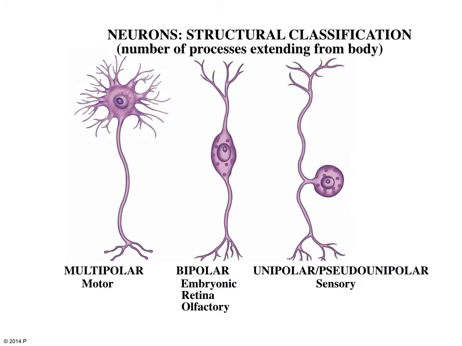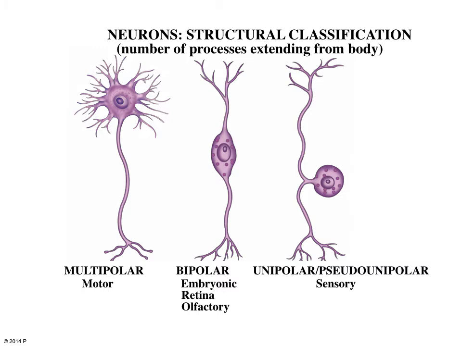Multi means many. Bipolar means two. Bipolar neurons are typically embryonic neurons. In the adult or postnatally, they are typically restricted to the retina portion of the eye and also part of the sense of smell, the olfactory system.